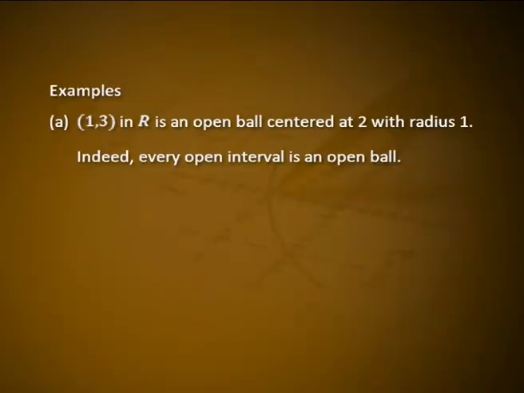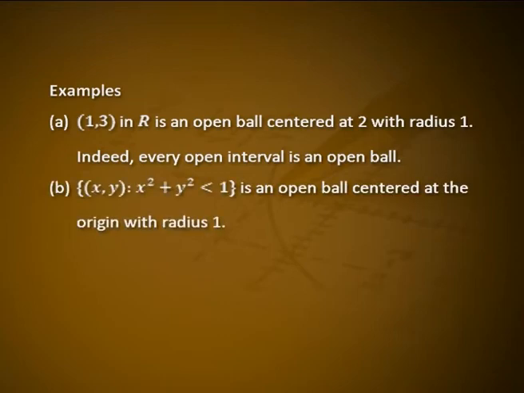Examples. A. The open interval (1, 3) in R is an open ball centered at 2 with radius 1. Indeed, every open interval is an open ball. B. The set of all (x, y) such that x squared plus y squared is less than 1 is an open ball centered at the origin with radius 1.